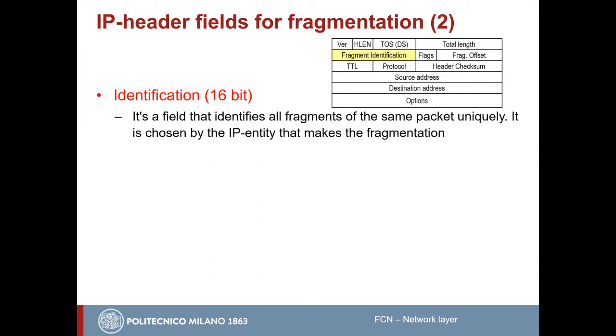If the packet is fragmented on its way, this identification is repeated identical in all the fragments. So packets that arrive at the destination with the same fragment identification value form a single original IP packet.